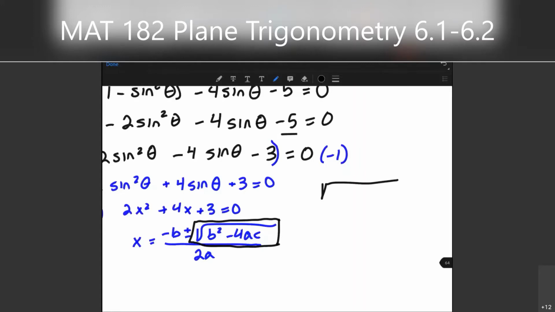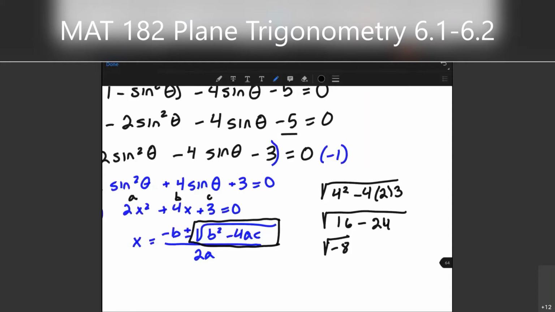The b value is 4, so this is our b, this is our c, and that's our a. So we have 4 squared minus 4 times 2 times 3. That gives us 16 minus 24, which is going to give us the root of -8.